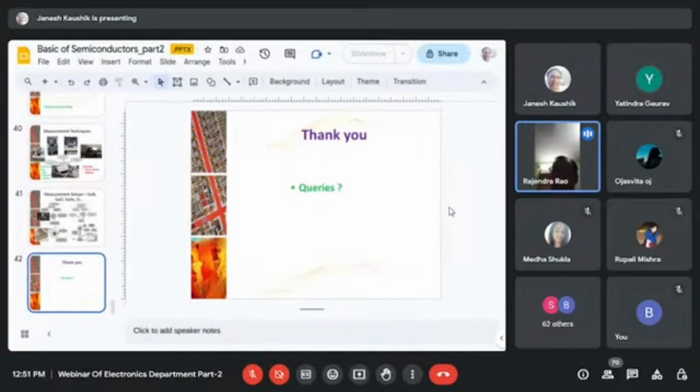So this institute is organized by the Government of India for certain objectives.